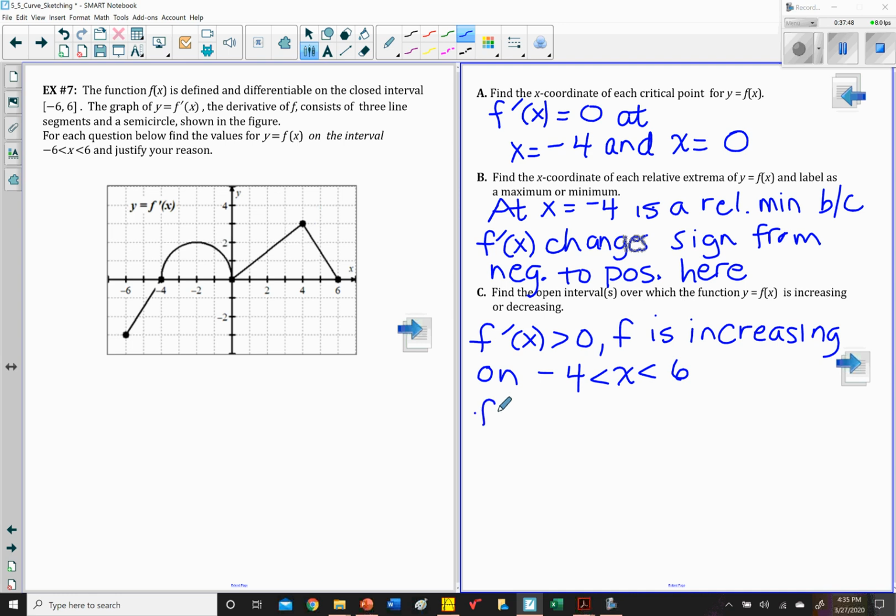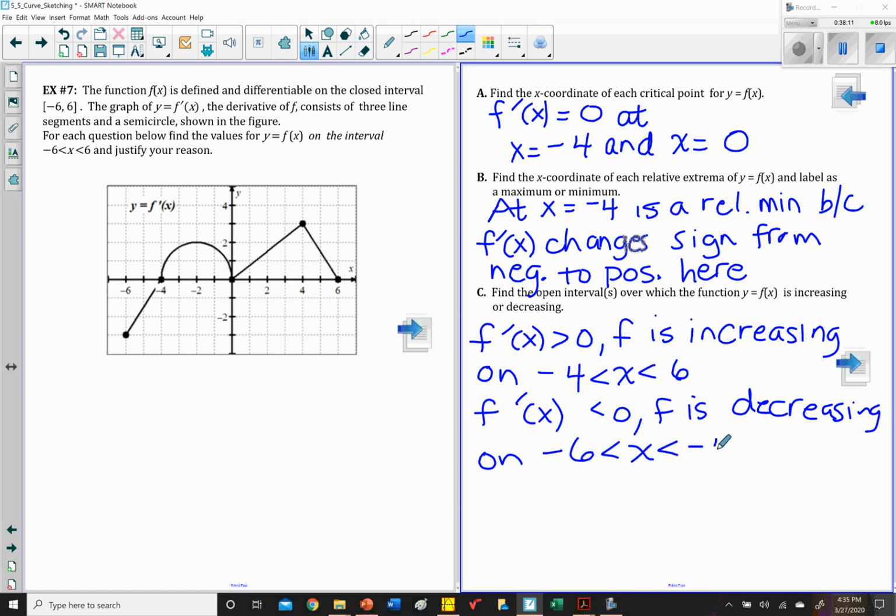Okay? And where f prime is negative, f is decreasing, and that happens on -6 to -4.